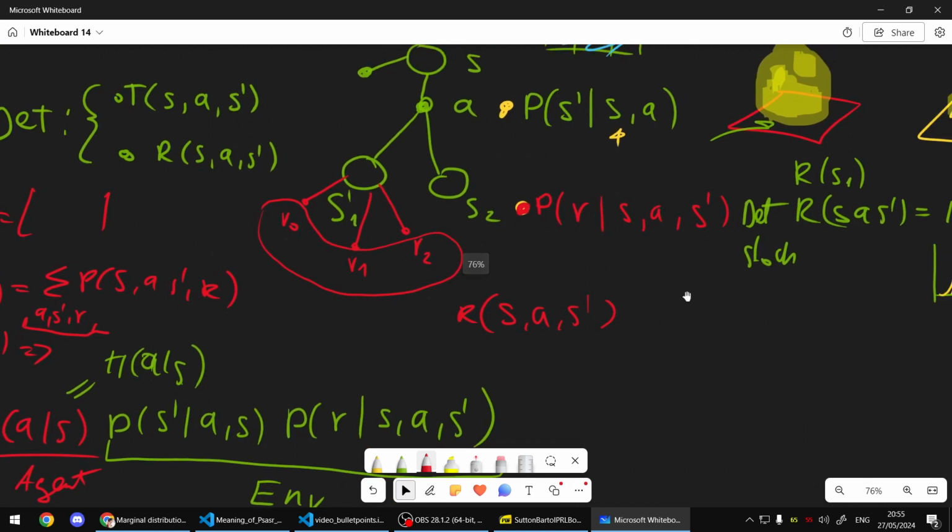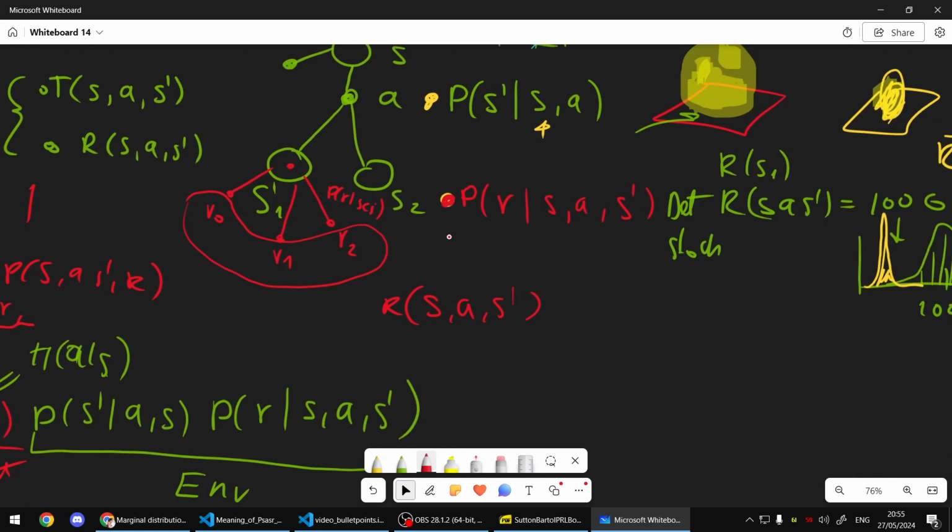So for this state S prime and whatever, we have to calculate a weighted sum of all the rewards given the probabilities that we actually achieve this reward. And that's what we do.